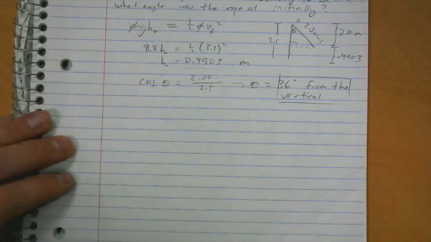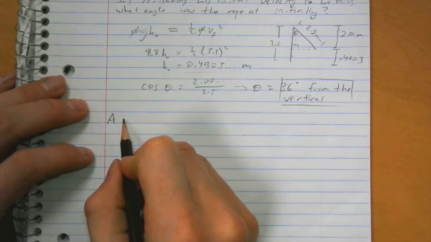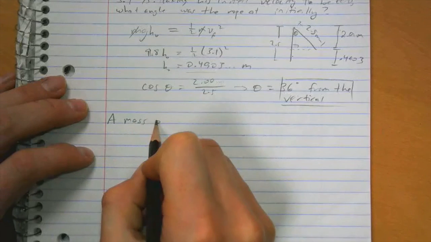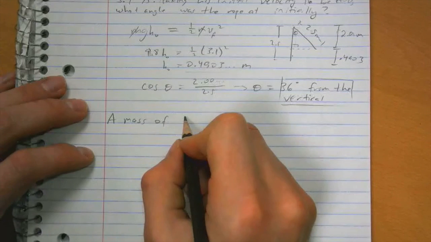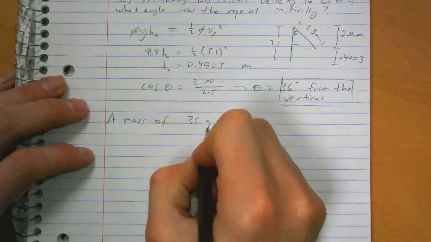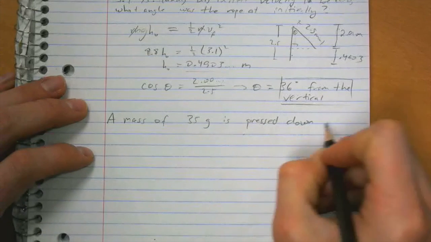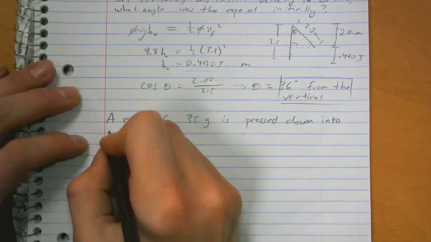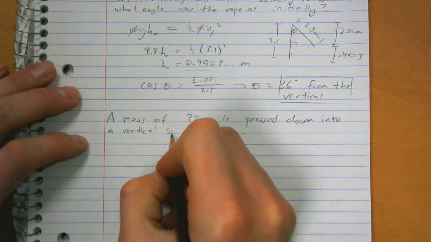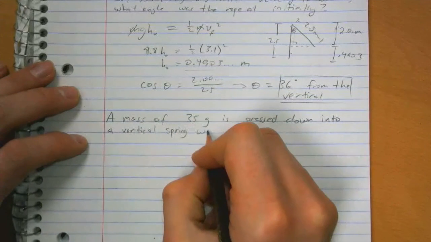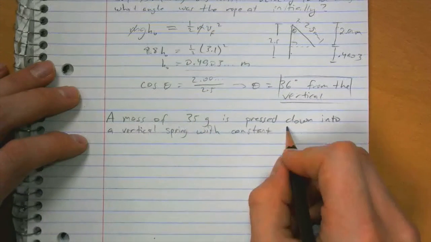So let's say a mass of, I don't know, 35 grams is pressed down into a vertical spring with constant 110 newtons per meter.